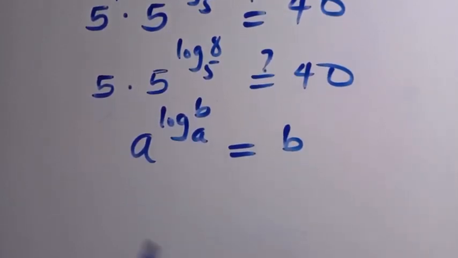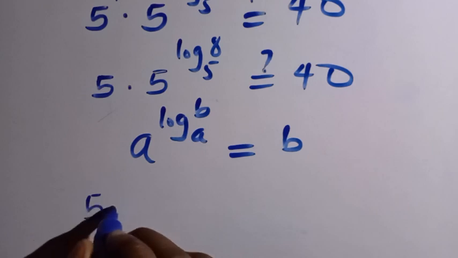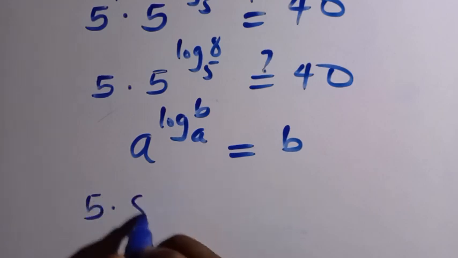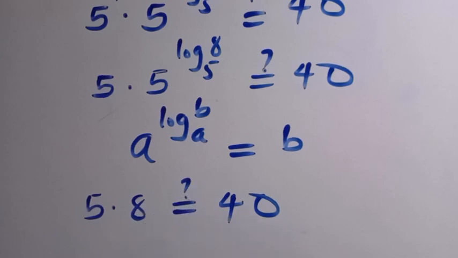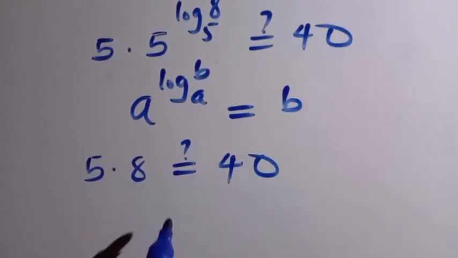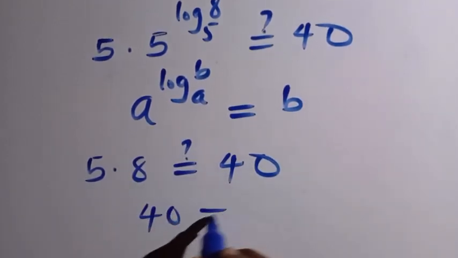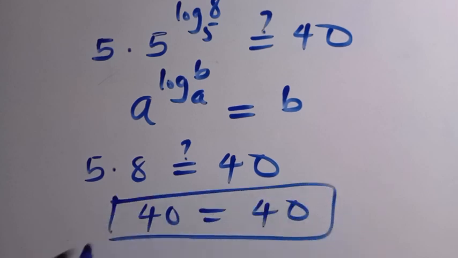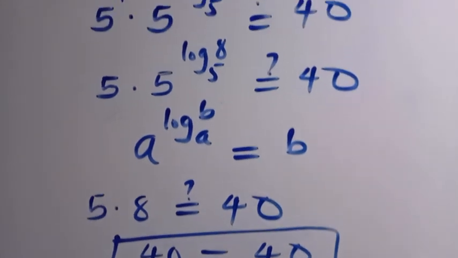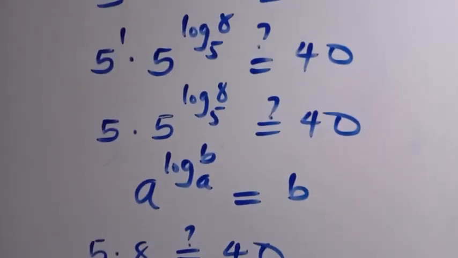Then by applying it here, we have 5 multiplied by 8, so this equals 40. When we multiply 5 by 8, we get 40. And 40 equals 40. So this shows that the left hand side of this equation equals the right hand side when we substitute the value of x as 3 plus log 8 base 5. So this is how to solve this problem step by step.